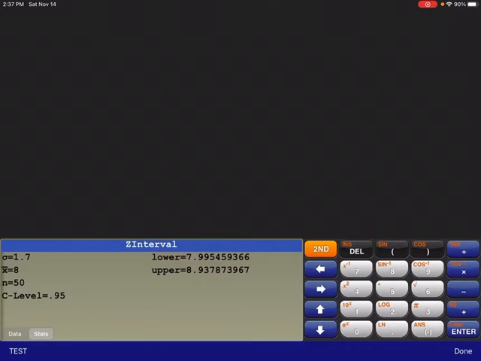So this is 8.45. My n was 15, and for our confidence interval, we wanted 90%, right? So I got sigma as 1.7, X bar as 8.45, n is 15, my confidence level is 90%. So I have my lower and upper bound, okay? So it's going to be 7.73 and 9.17.